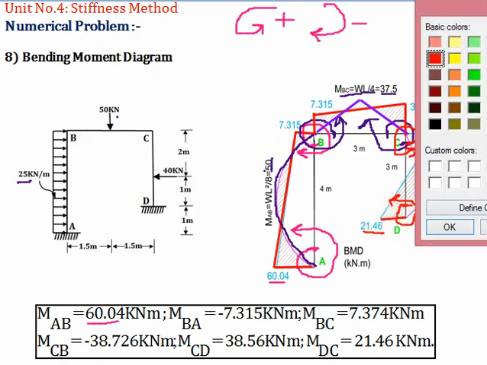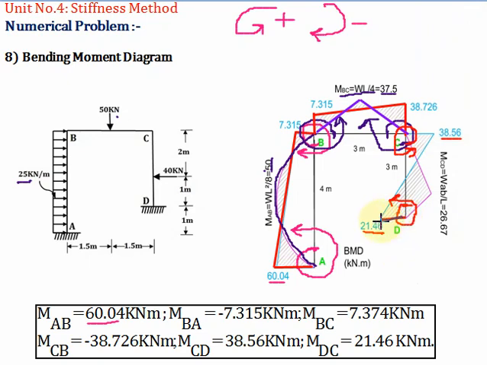Okay, so now there is a point load acting at 2 meters from C. That means this point load of 40 kilonewton is not acting at the center.